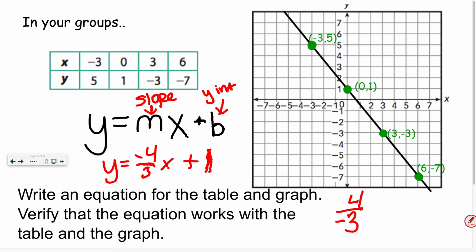We actually moved up 4 and to the left 3. Is negative 4 over 3 the same as 4 over negative 3? Yeah, that's the same exact value. In this case, we're moving down 4 and to the right 3. But in this case, we're moving up 4 and to the left 3. Do we all see how that's the same value?